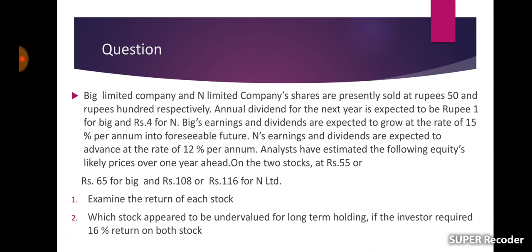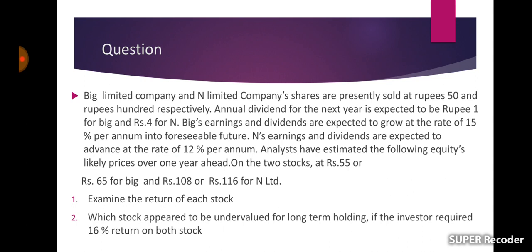The question is, Big Limited Company and Unlimited Company's shares are presently sold at Rs 50 and Rs 100 respectively. The current market price of Big Limited is Rs 50 and Unlimited's current market price is 100. Annual dividend for the next year is expected to be Rupee 1 for Big Company and Rs 4 for N Company.